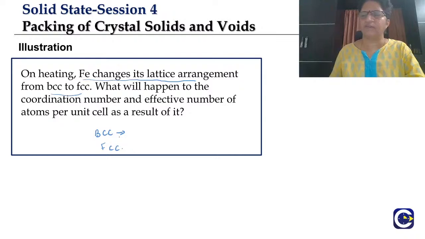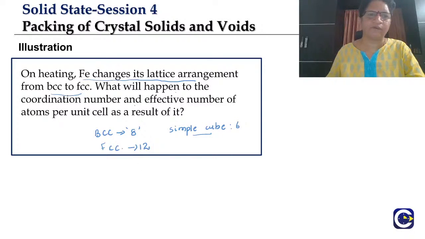As the packing efficiency increases, the coordination number will also increase. BCC coordination number is 8. FCC coordination number is 12. Simple cube, the coordination number is 6. So as the coordination number is increasing, the efficiency is also increasing.